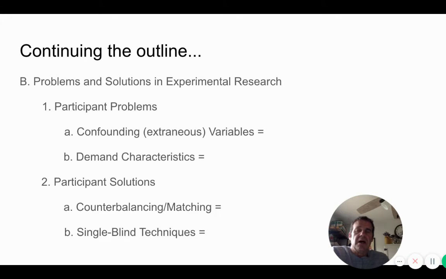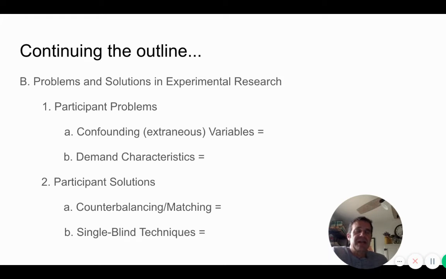Demand characteristics are another problem that can come into play. Imagine that you were asked to be part of a psychological study and you were supposed to meet in room 134 of the E building, and you showed up and there were 19 other people there. Obviously your brain would start to wonder, what is this experiment going to be about? And you're going to try to figure it out.